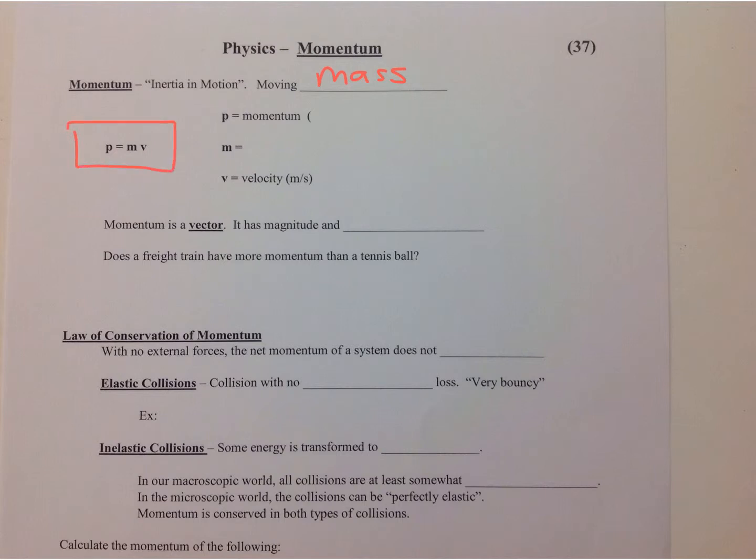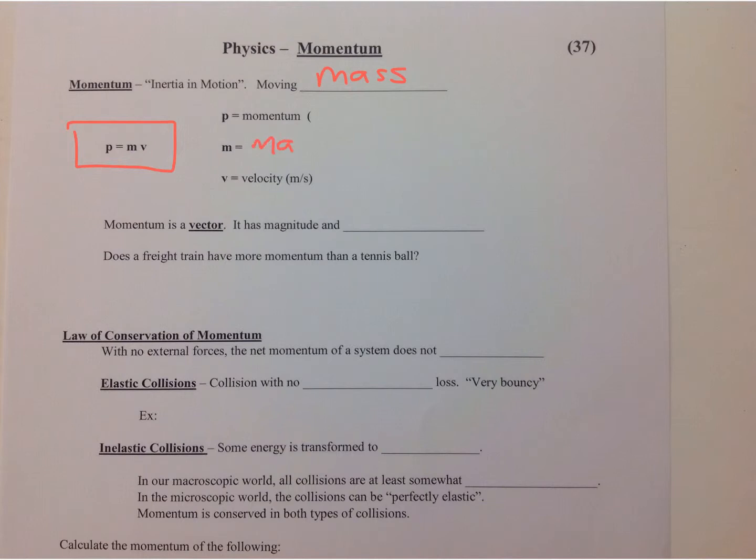The most difficult part about momentum is probably the letter that we use. For some reason we use the small case p, which is a leftover from some kind of Latin root word for momentum. But lowercase p here means momentum. m is mass.